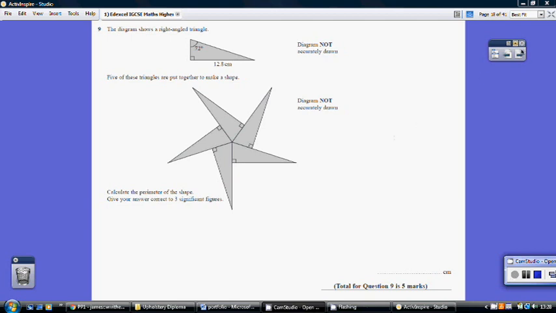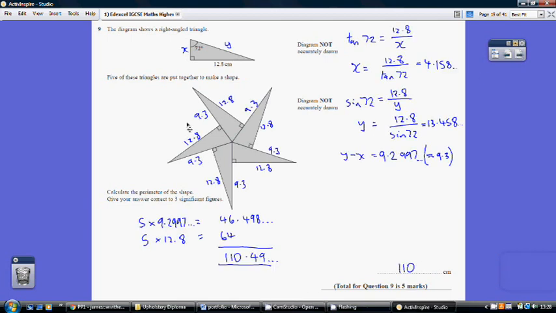Question 9. In order to work out the perimeter of this shape, we're going to need to work out these other two lengths from this right angle triangle. I'm calling this length X and this length Y. Using SOHCAHTOA, tan 72 is the opposite 12.8 divided by the adjacent side X. Multiplying by X and dividing by tan 72, X equals 12.8 over tan 72, meaning this length here is 4.158 rounded.